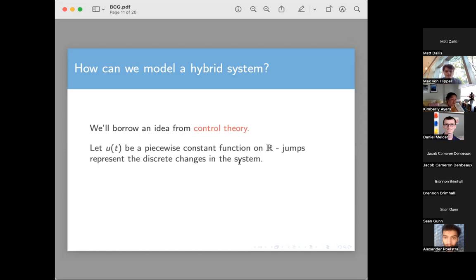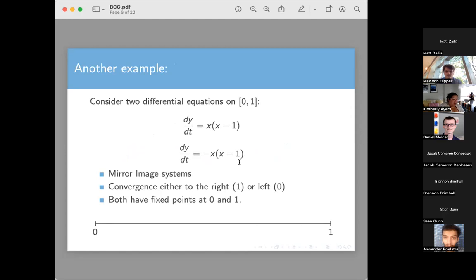So you can imagine, for instance, if I label these two different systems A and B, and I switch at every integer time unit, I would just have a piecewise function that's A from 0 to 1, and then B from 1 to 2, and then A from 2 to 3, and B from 3 to 4, and so on and so forth.